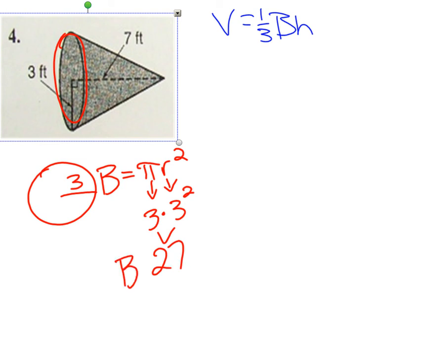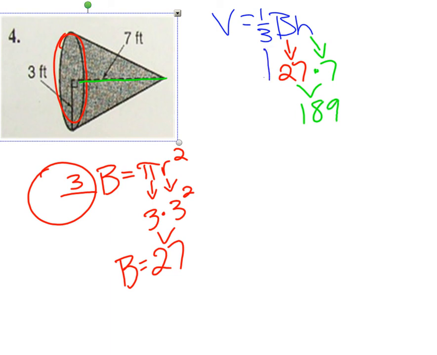So the area of our base is 27. We then take the height of our cone, times 7. 27 times 7 is 189.